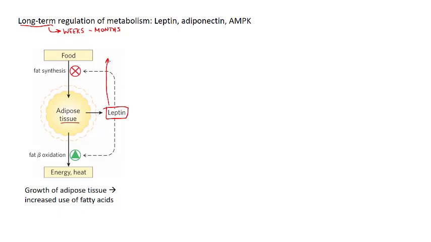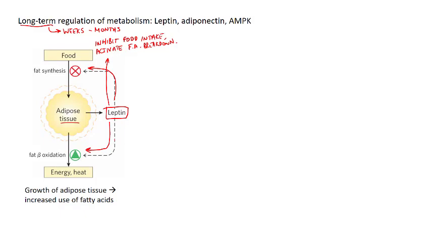Leptin is intended to inhibit food intake and activate fatty acid breakdown. Right? It's secreted by adipose tissue. The more adipose tissue that you have, leptin will both decrease intake of food and also decrease the synthesis of new fat, and it will activate beta oxidation pathways to break down the fat that you have.